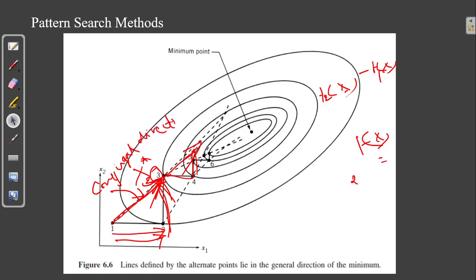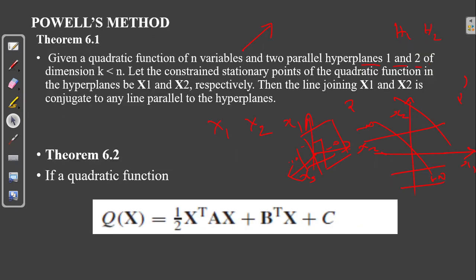In order to find that conjugate direction, we are defining this theorem 1, which says that in order to find the conjugate direction, you have to define two hyperplanes, hyperplane 1 and 2.